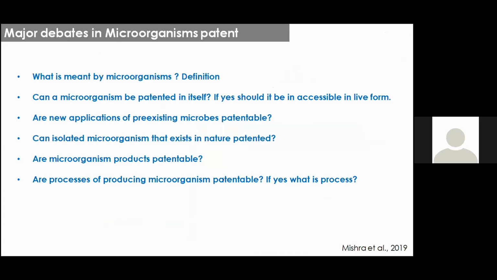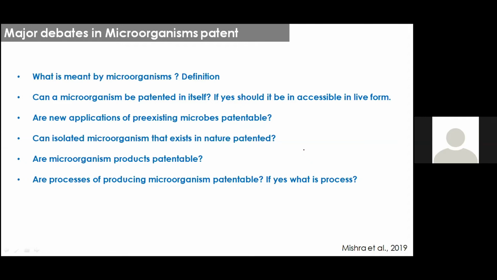When we talk about microorganisms and patents, there are several major debates. First is what is meant by microorganism. The definition of microorganism itself is not clearly written either in the TRIPS agreement or in the Indian Patent Act 1970. The second question is, can a microorganism be patented in itself?